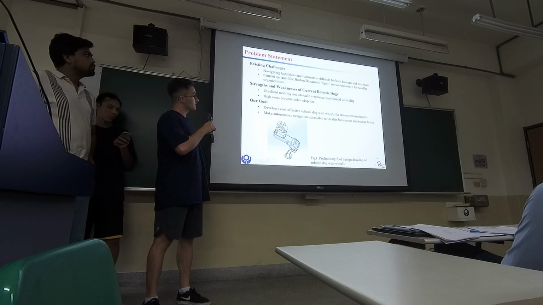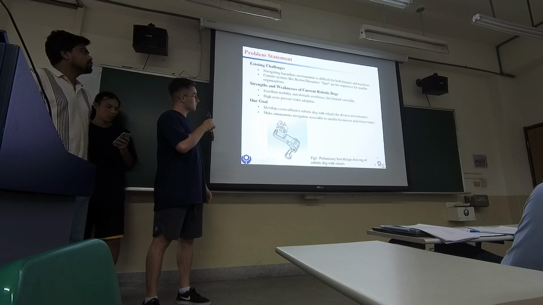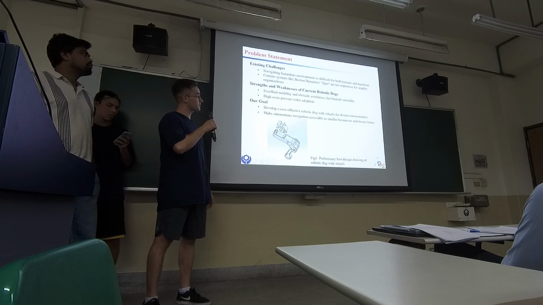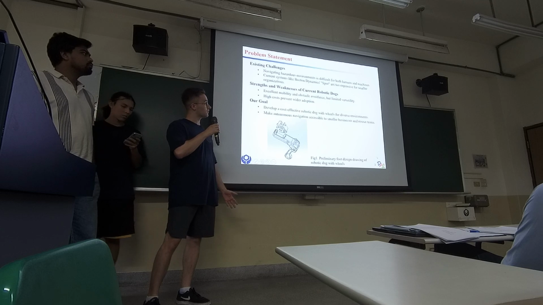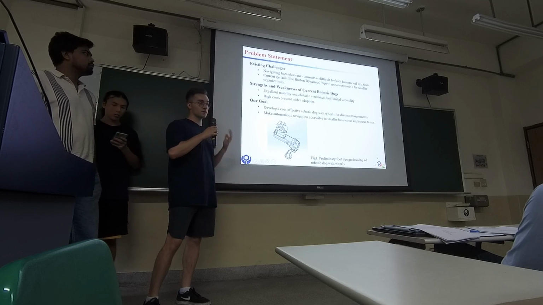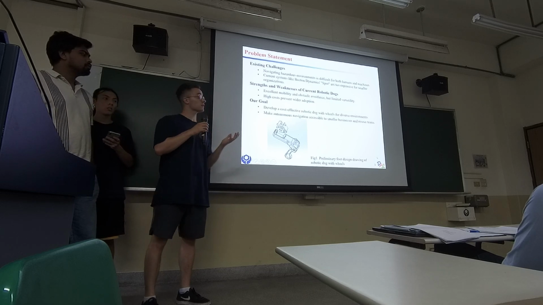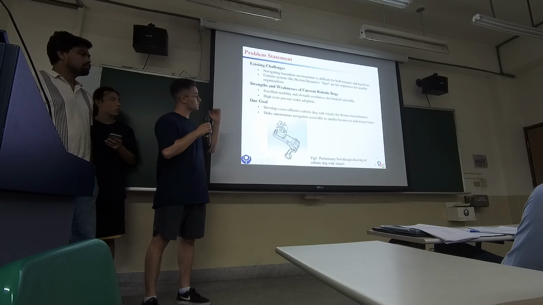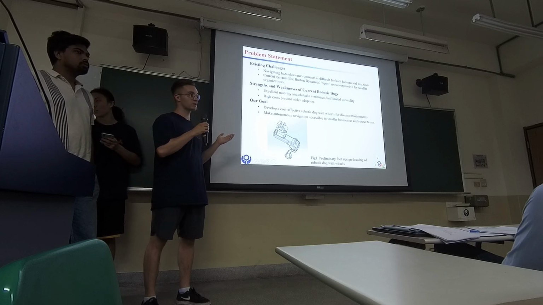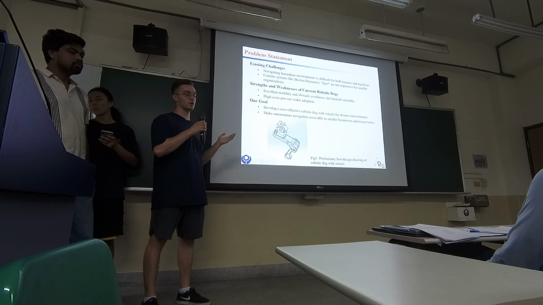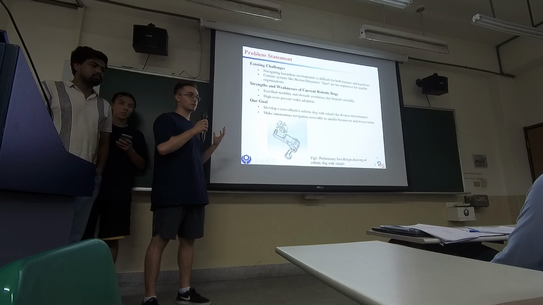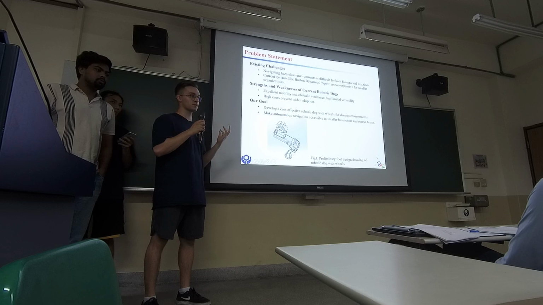The strengths and weaknesses of current robot dogs are mobility, obstacle avoidance, and limited facility. Not everyone can use them, and for smaller companies or private use, it's not affordable.